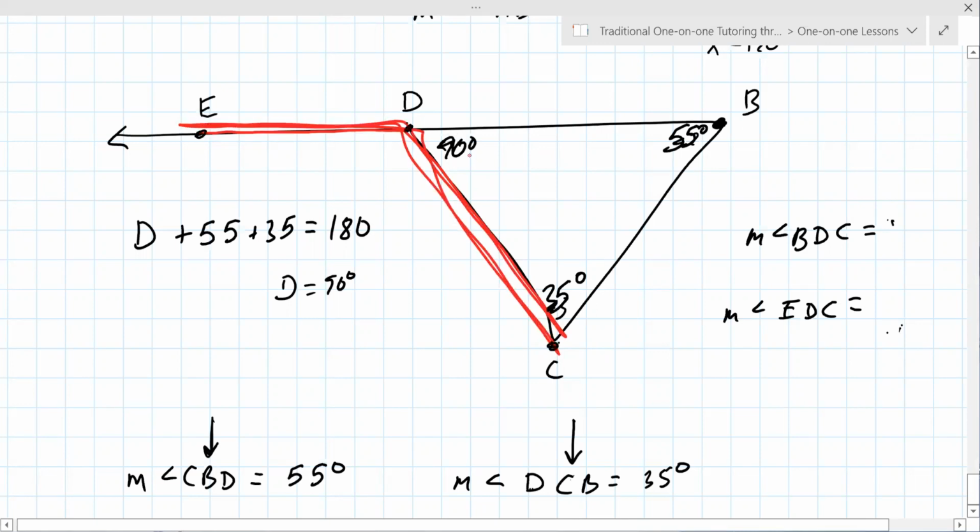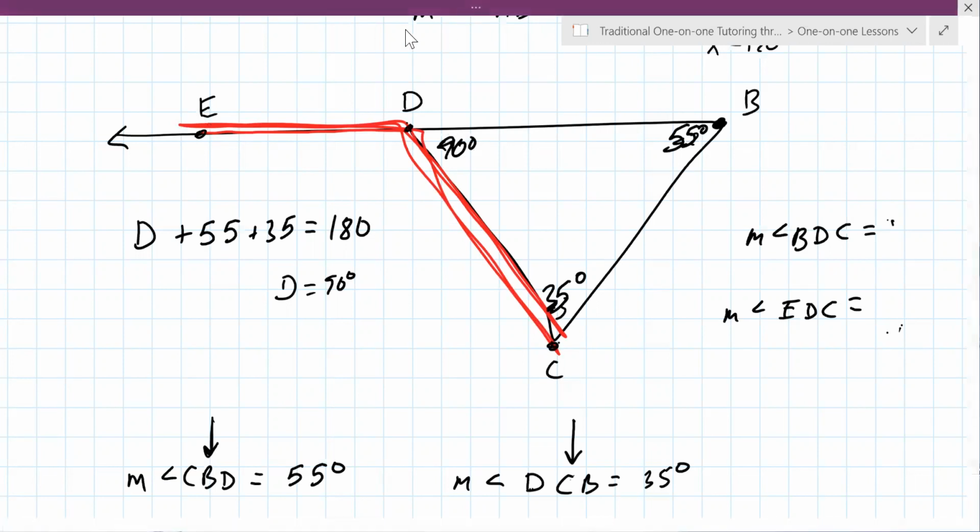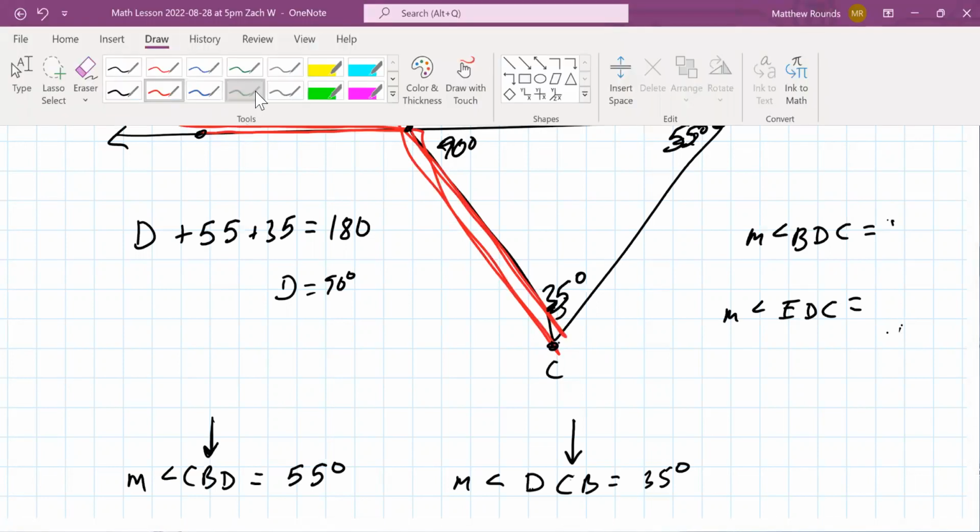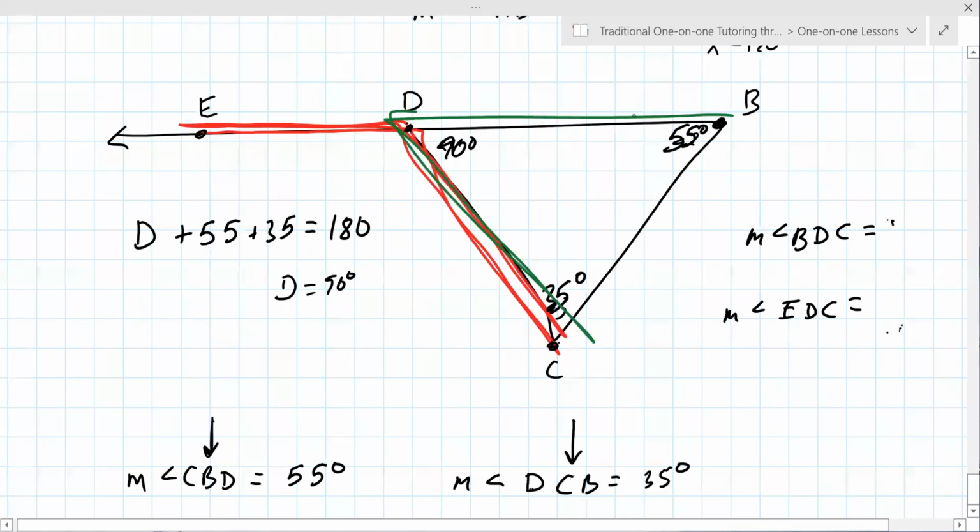Well, it's not this angle in here. The angle that's inside is right here. That's B to D to C. That's 90 degrees. Okay, I see some issues.